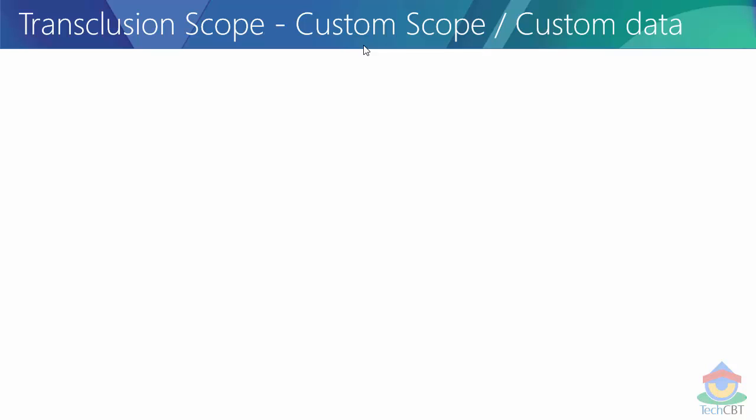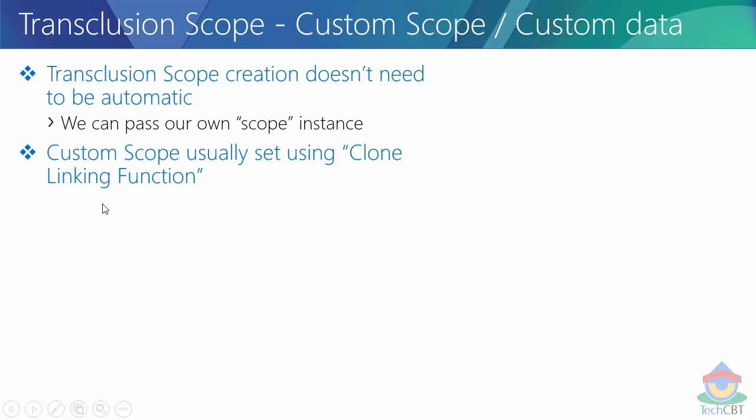And whenever you are doing that, you also have the option to provide some custom data. So you have this custom data option to be provided to a transclusion scope if and only if you use the clone linking function. So if you use clone linking function, you have access to transclusion scope object directly. So when you have this object, now you can actually add and provide as much information as you want in whatever way you want.